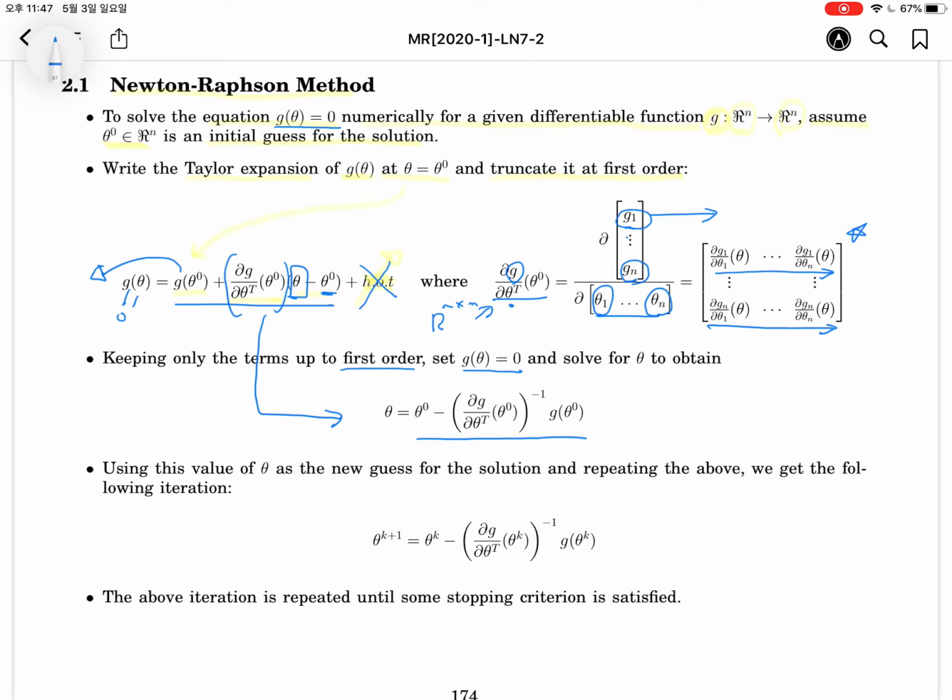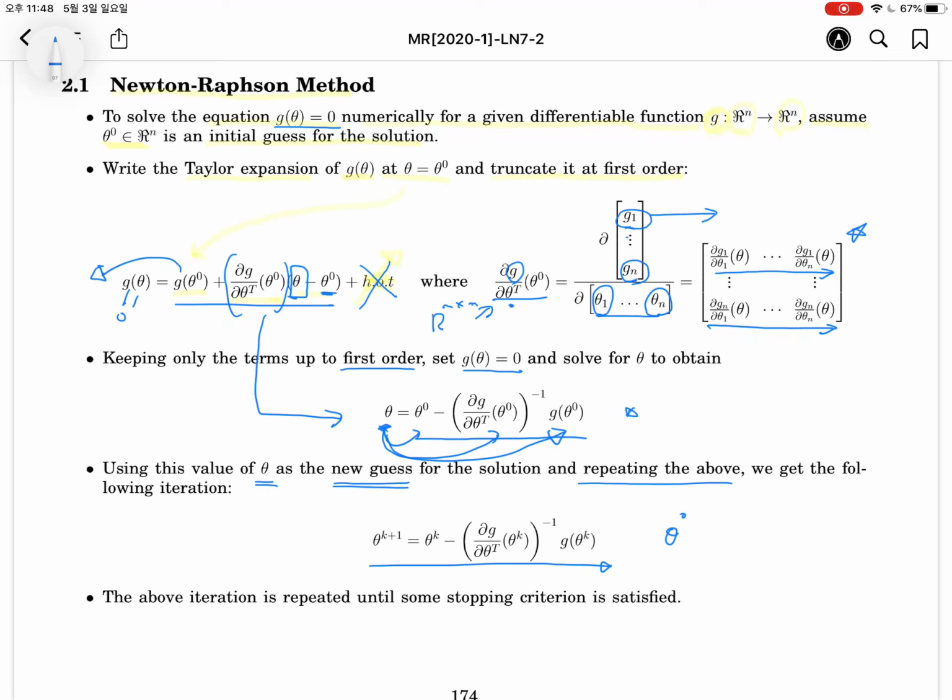So we have this equation. Using this value of theta as a new guess, every time the result will be applied again, here and here and here. Then we can make an iteration using this equation. Repeating the above with the new guess for the solution, we get the following iterative equation.